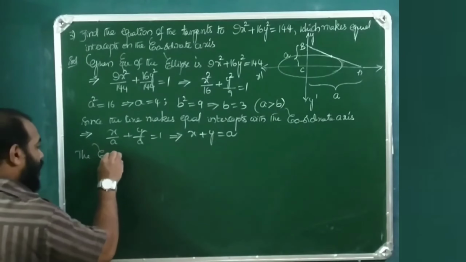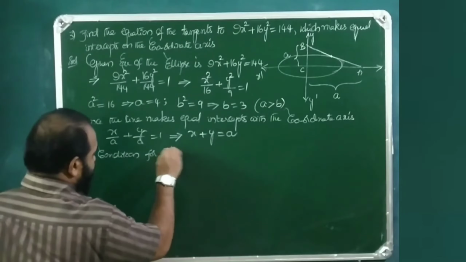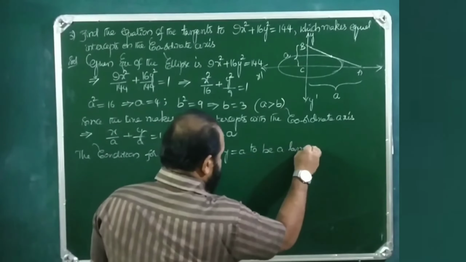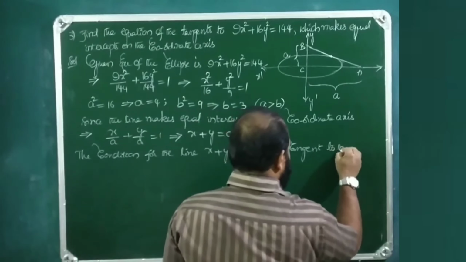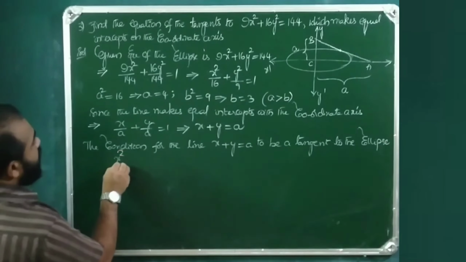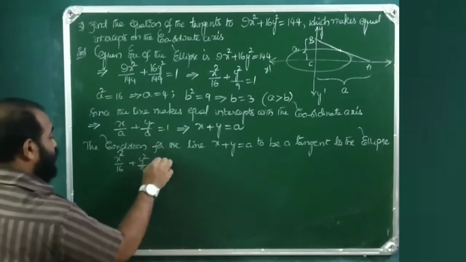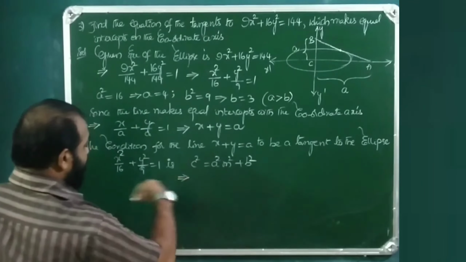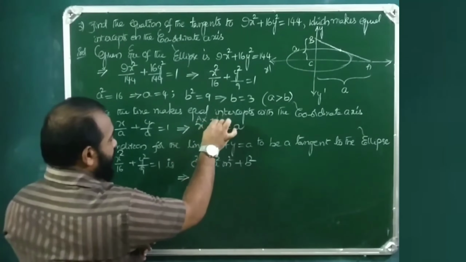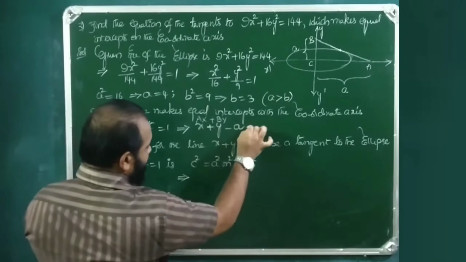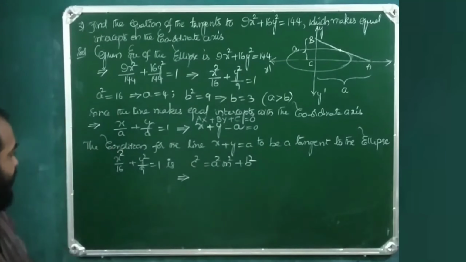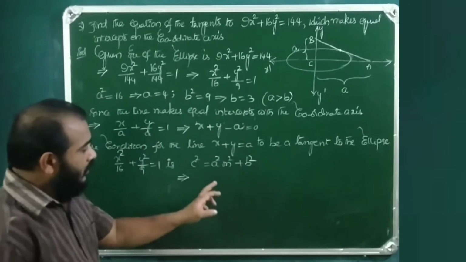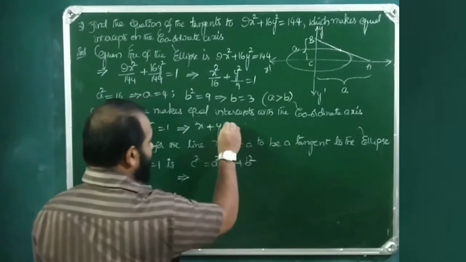The condition for the line x plus y equals a to be a tangent to the ellipse x square by 16 plus y square by 9 equals 1 is c square equals a square m square plus b square.